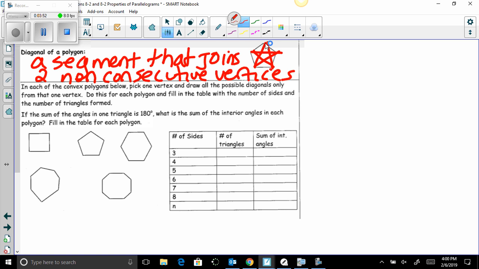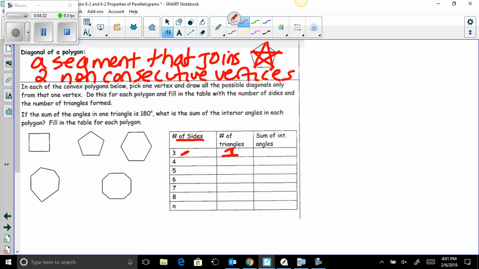All right, in each of the convex polygons below, pick one vertex and draw all the possible diagonals only from that one vertex. Do this for each polygon and fill in the table with the number of sides and the number of triangles formed. So if the sum of the angles in one triangle is 180, what is the sum of the interior angles in each polygon? If it has 3 sides, clearly it's a triangle, so there's one triangle.